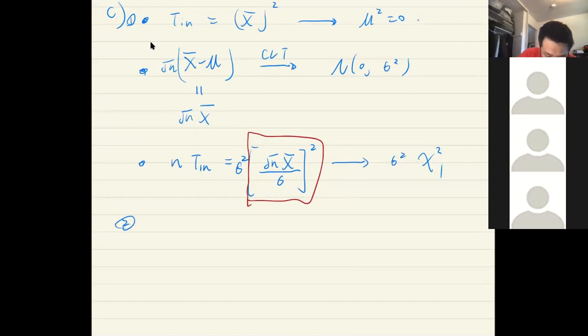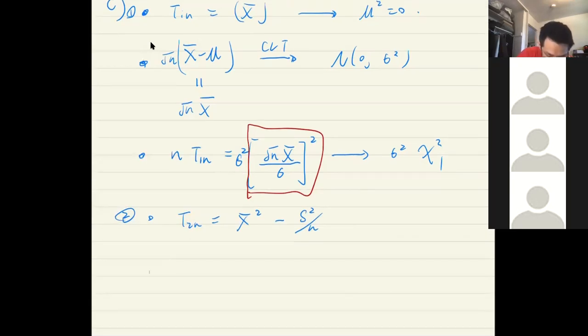And then we want to find T2n. T2n is equal to S bar square minus S squared. Let's do the same thing.